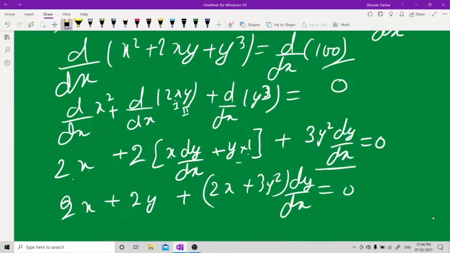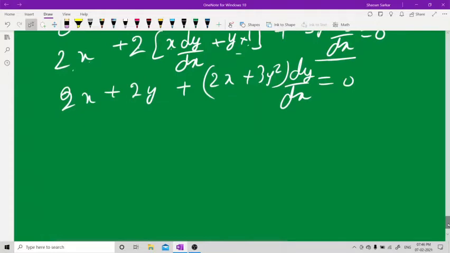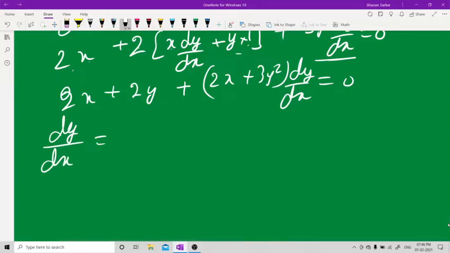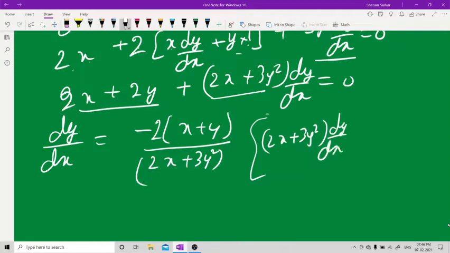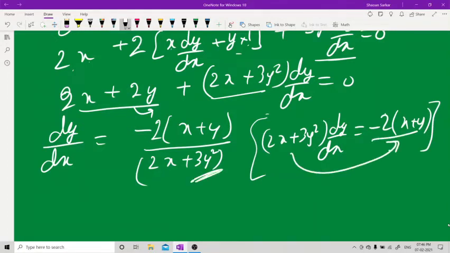So now in the next step, dy by dx is equal to, take this on the other side, minus 2 common, x plus y, upon 2x plus 3y square. Because this was actually like this: 2x plus 3y square dy by dx, and this went that side, minus 2 common, x plus y, and then you put this in the denominator. That's what I've done here.